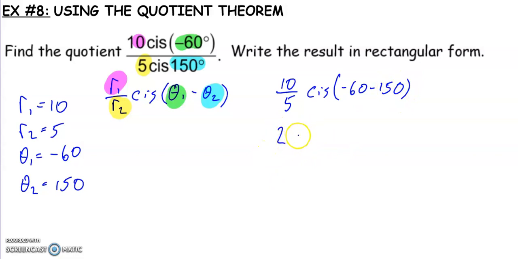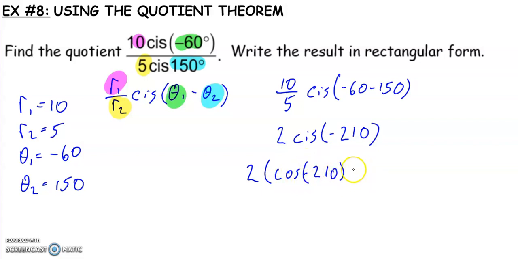So that's going to give us 2 cis negative 210. So 2 times the cosine of negative 210 plus i sine of negative 210.